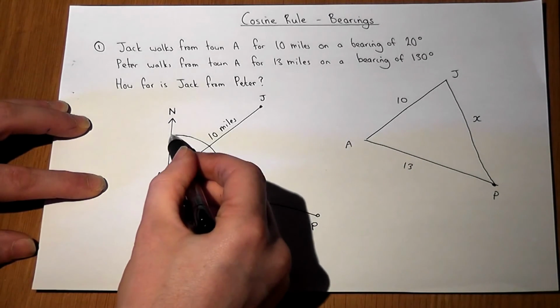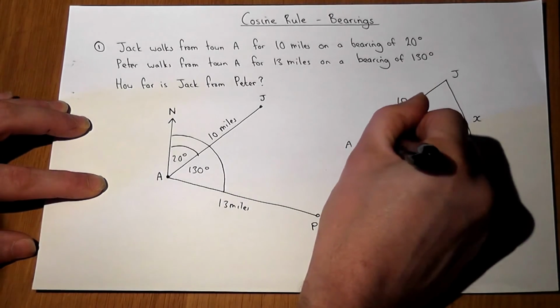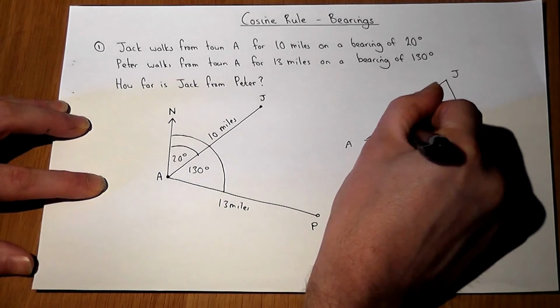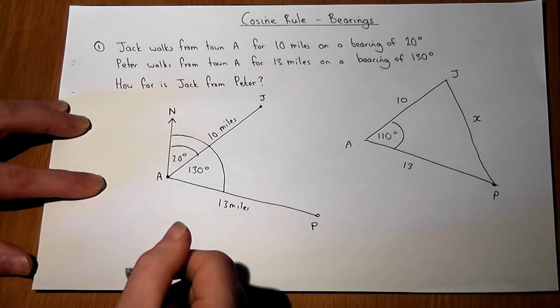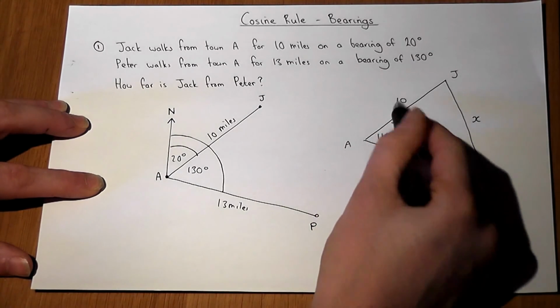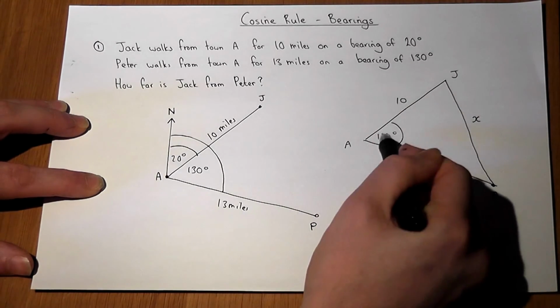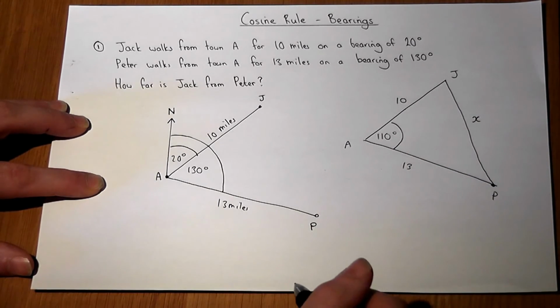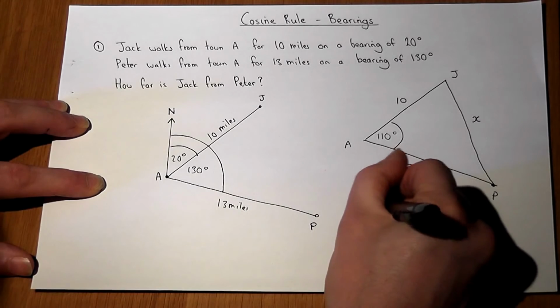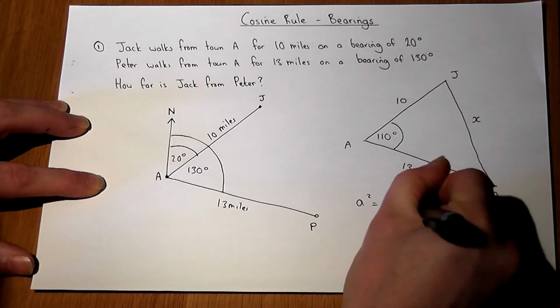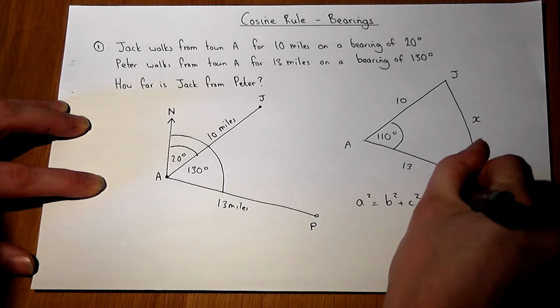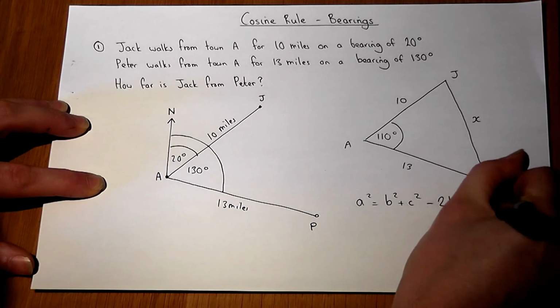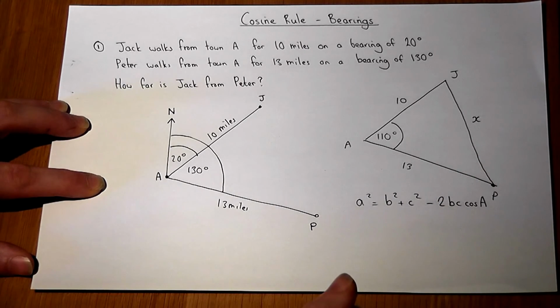That was 20, that was 130, so that's 110 degrees. And what we observe is we've got the typical SAS, side angle side, configuration required for the cosine rule. Now the cosine rule is a squared equals b squared plus c squared minus 2bc cos A.